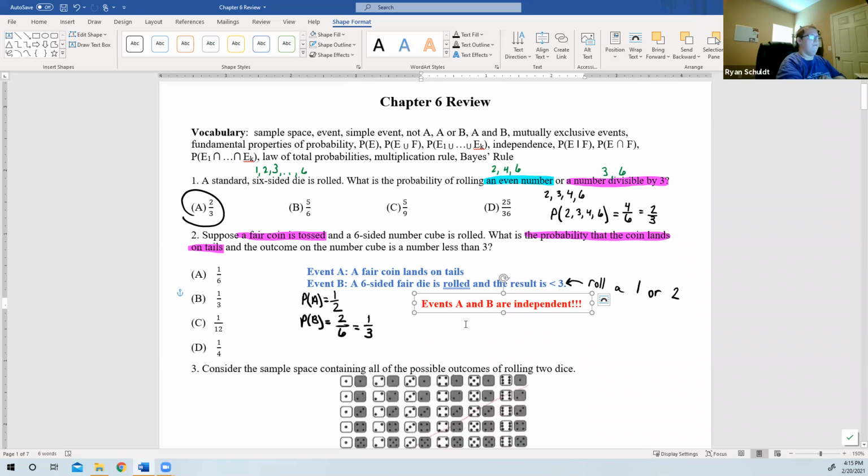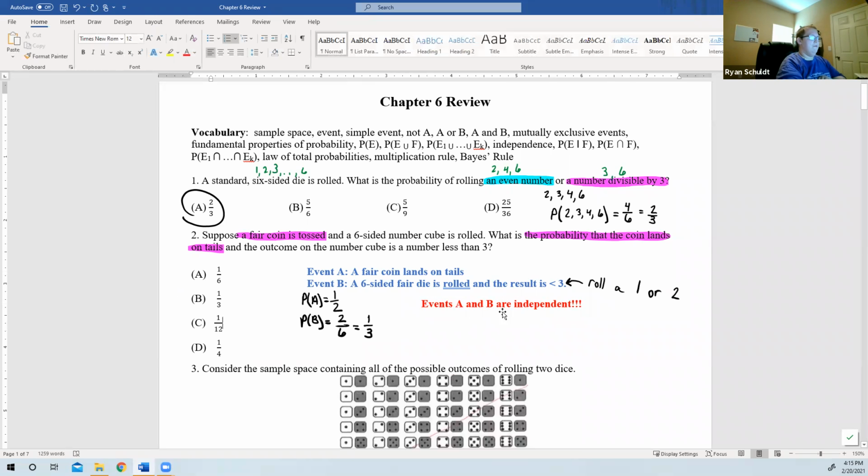That's it. Just multiply. It doesn't matter what I flip when I go to roll the die. It's saying a fair coin is tossed, a die is rolled. End of story. Flip a coin, roll a die. Those are independent of each other. It's not like the die is like, you landed on the heads, I'm going to land on, no, they're independent.